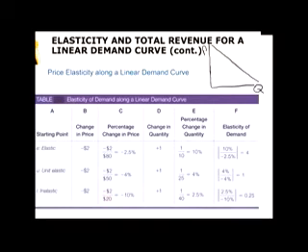So the same reduction is a much larger reduction in percentage terms when we start out down here. When we look at quantity, we have the same increase of 1 unit. However, it's an increase of 1 unit from a much larger initial quantity, so the percentage change is much smaller. And when we look at elasticity, we get a much smaller elasticity, and it's an inelastic portion of the demand curve.